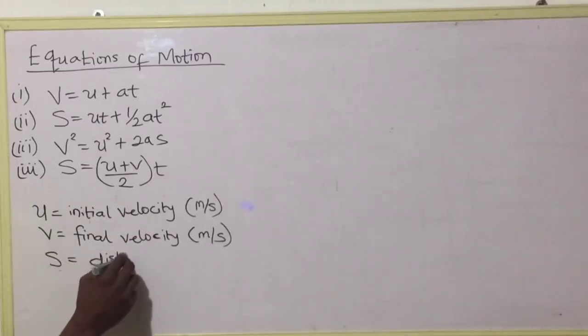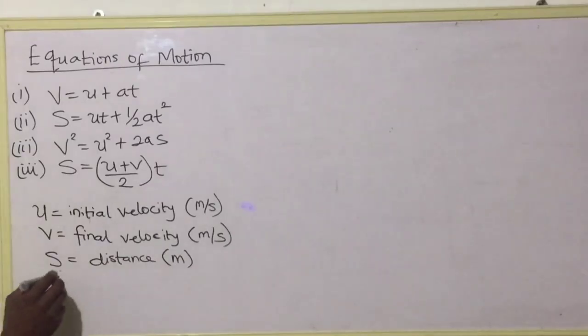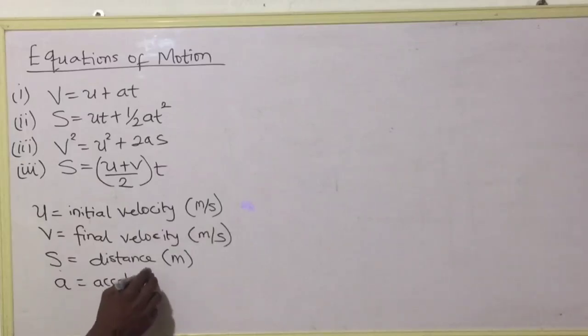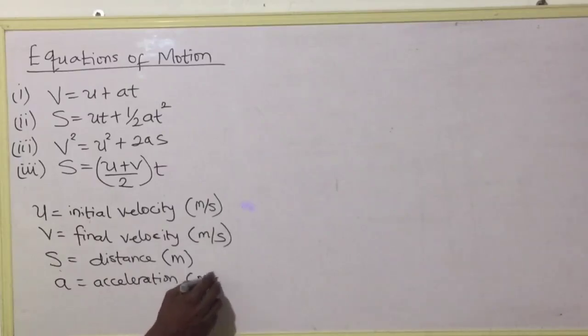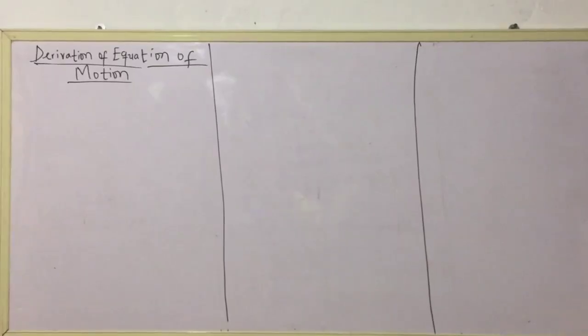S represents distance, which is measured in meters. A represents acceleration, which is measured in meters per second square. T represents time, which is measured in seconds.